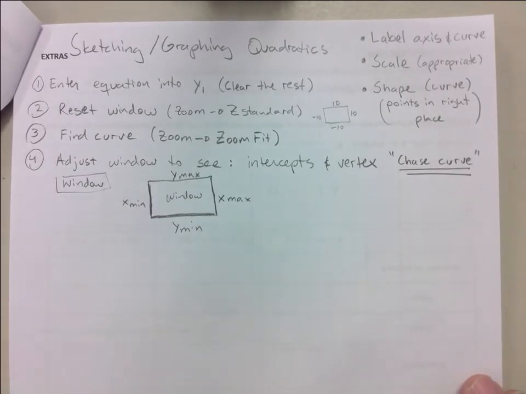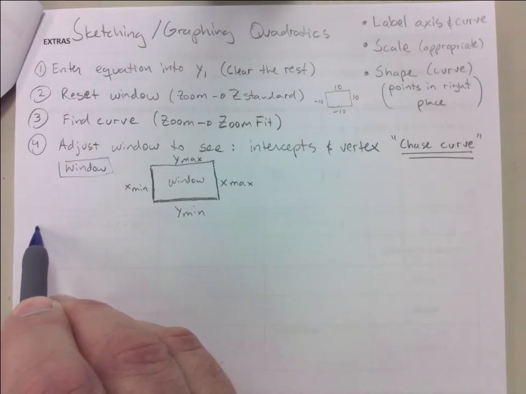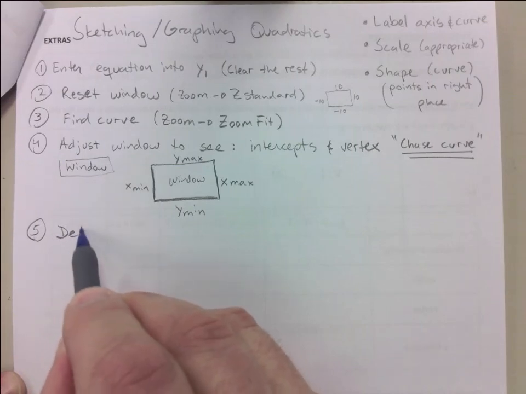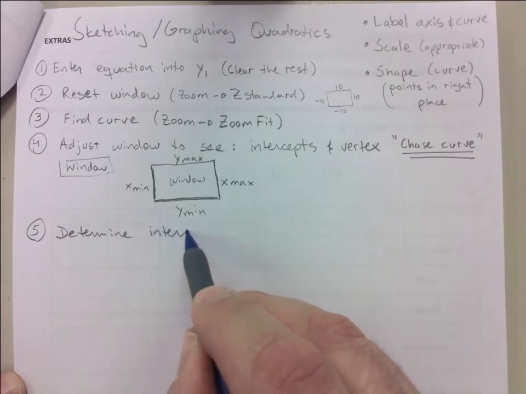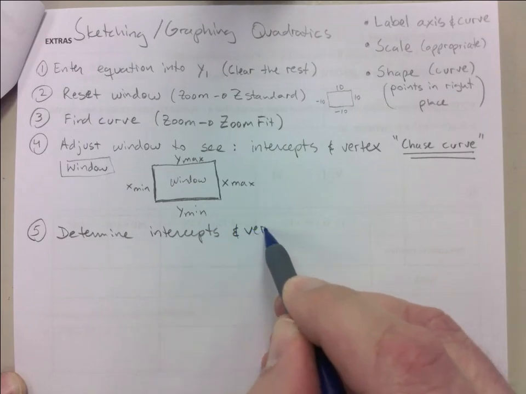Okay, once we've got that, we want to determine things, right? Step 5: determine intercepts and vertex.